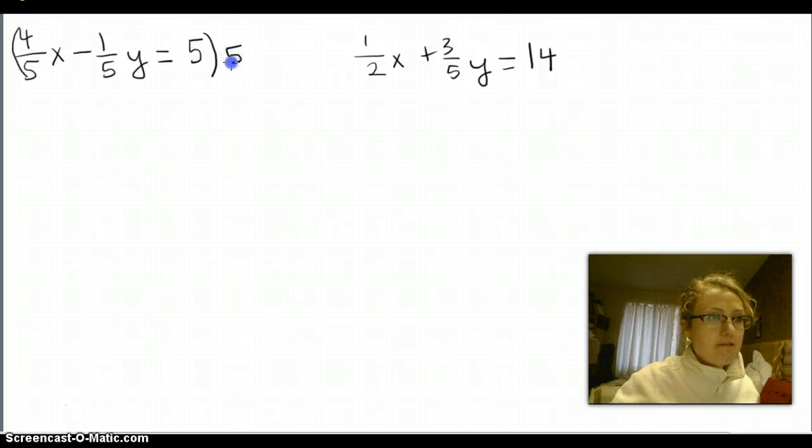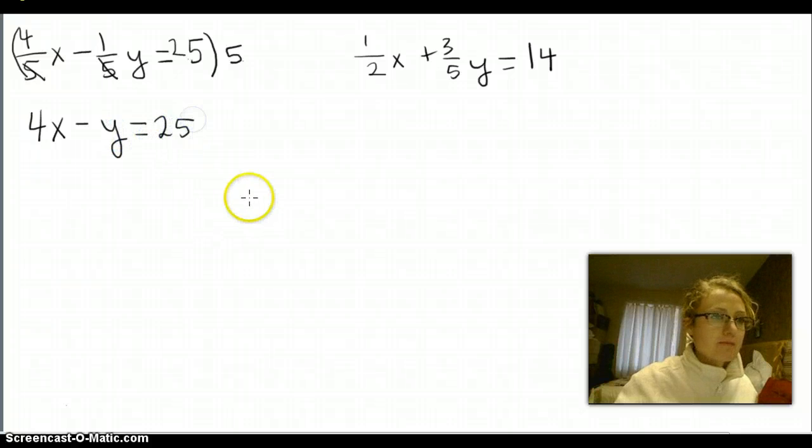If I multiply them by 5, then these fractions here will cancel out. This will disappear, this will disappear, and this 5 will turn into a 25 when I times 5 times 5. So let's rewrite that. We now have 4x minus 1y, which is just y, is equal to 25.